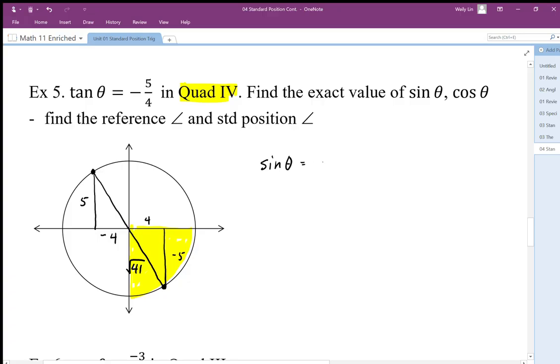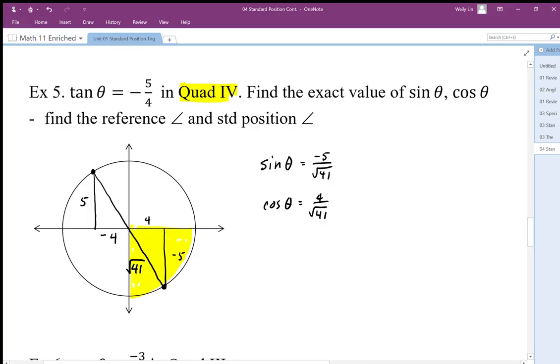Okay, so sine theta is going to be -5 over square root 41 because it's in quadrant 4. Cosine value is going to be +4 over square root 41 because it's in quadrant 4. Okay, if we didn't know the quadrant, there are 2 possible cosine values that we'd have to consider.